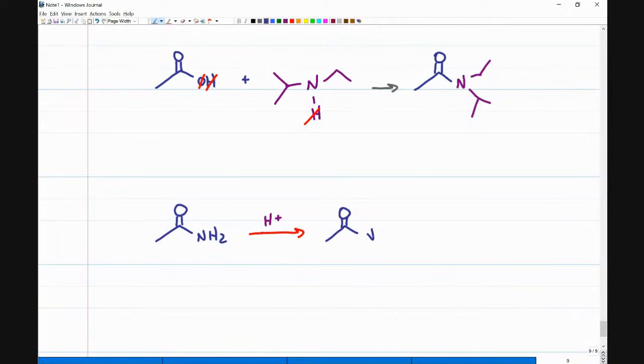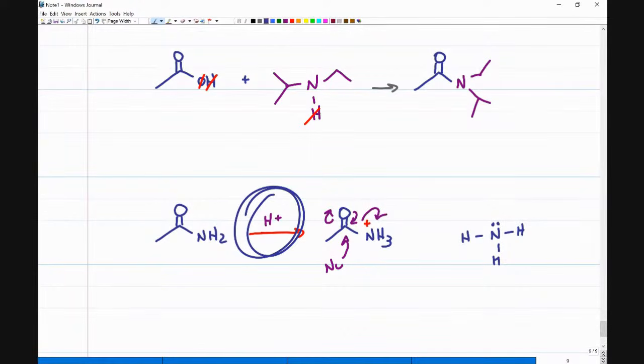Now I have a protonated amide, NH3+, and if I bring in a nucleophile, like water, to kick it out, up, down, out, now I'm left with NH3 without a charge. NH3 is stable because it's neutral.